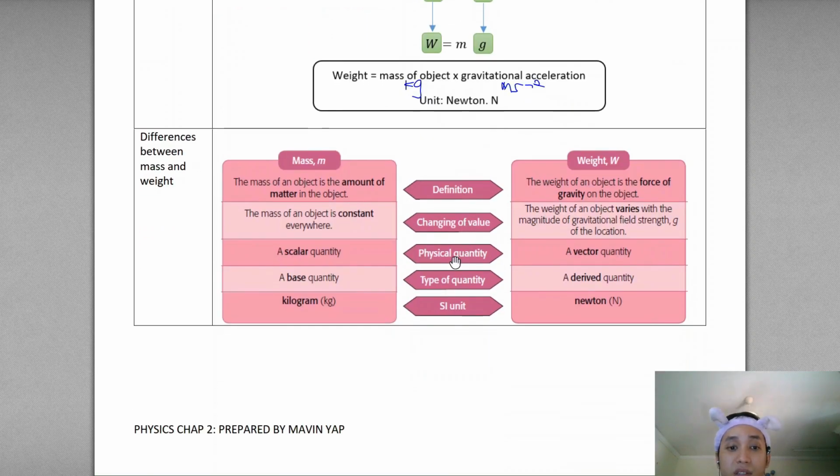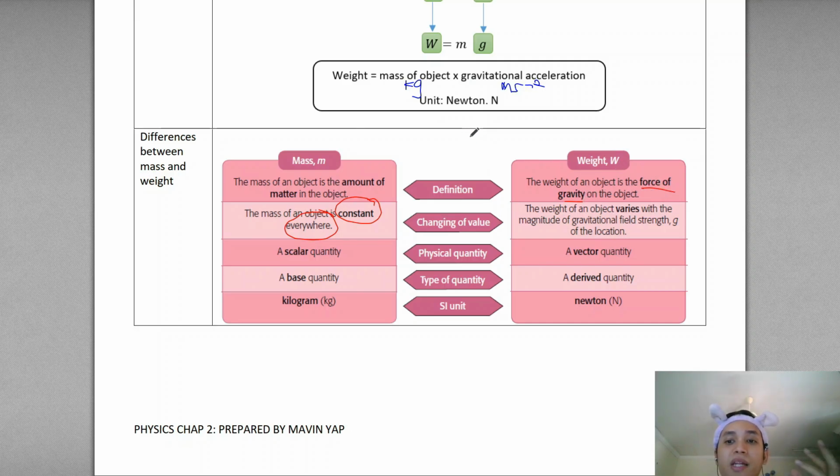There's a difference between mass and weight. This one you must know. Your mass will not change, it's constant everywhere. Meaning it doesn't matter which planet you are on. If you are 50 kg, you are 50 kg. But your weight is different, because weight depends on the gravity.